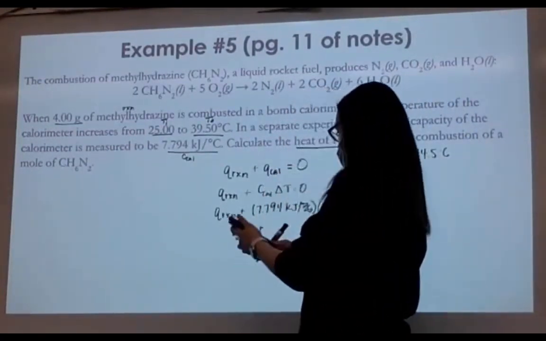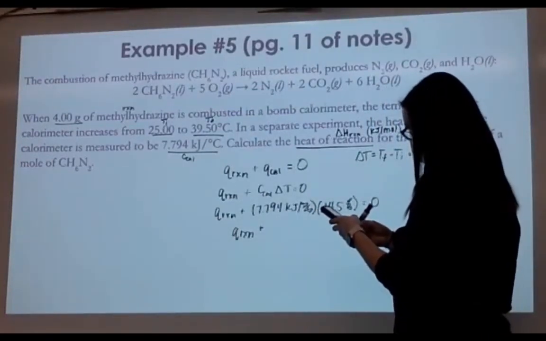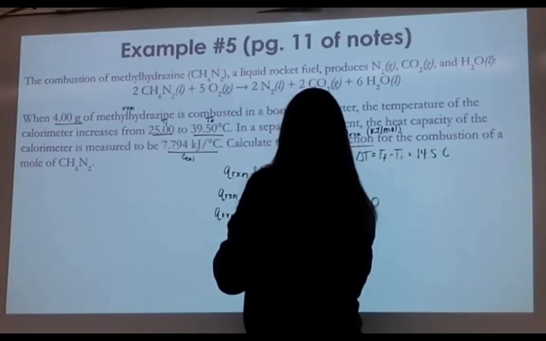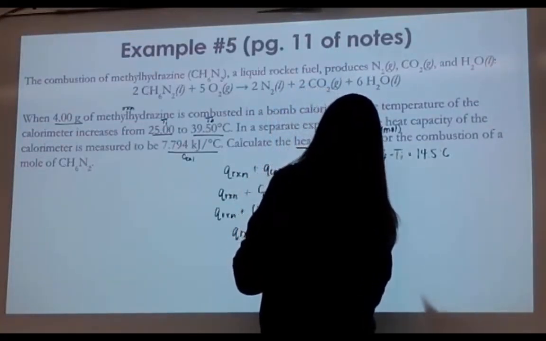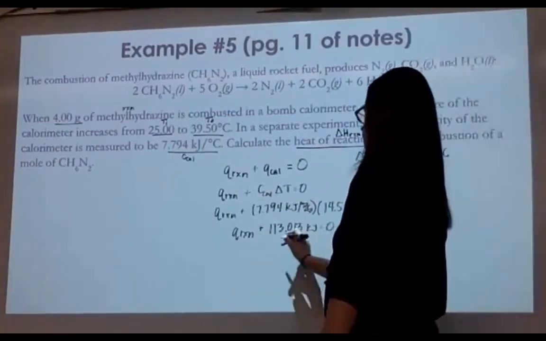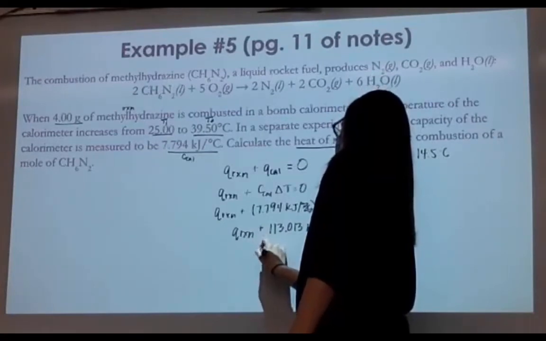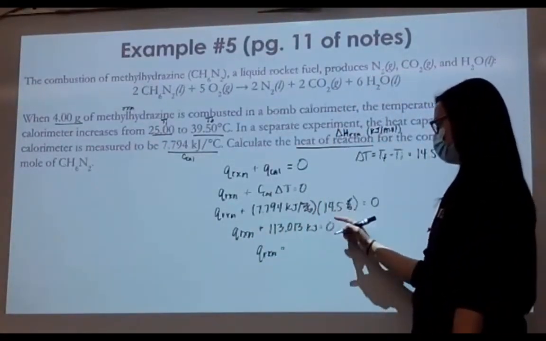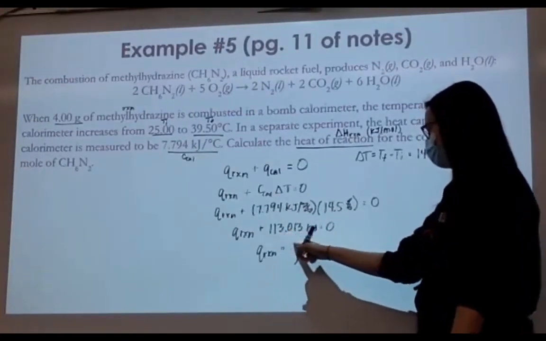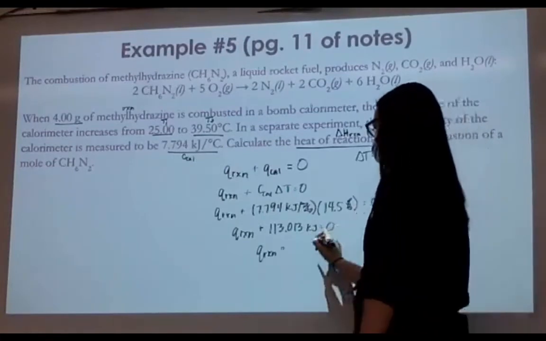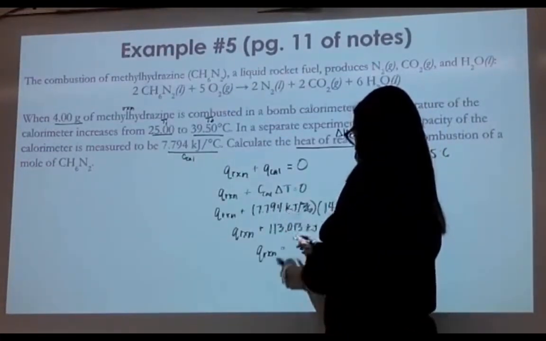So Q reaction plus 113.013 kilojoules equals 0. So what's Q reaction? That's going to be my value for Q reaction. I should just move this over to the other side. Subtract 113.013 to the other side, so it's just negative.